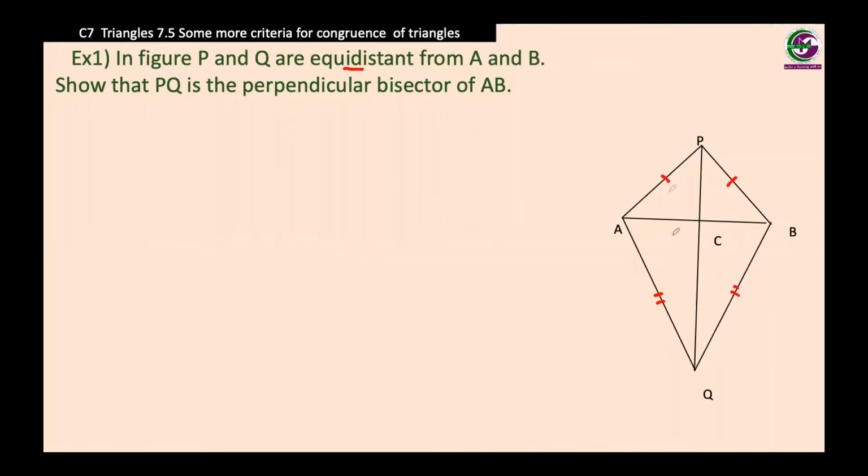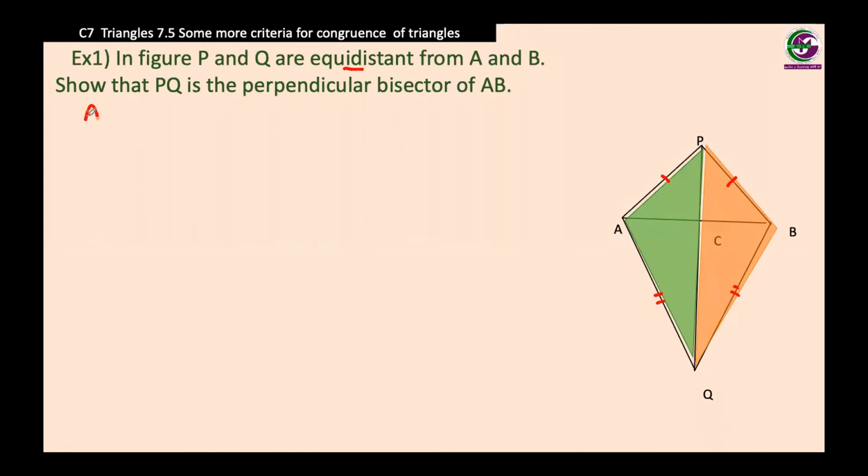Since we are given these two sides, we have to consider these two large triangles, which are PAQ and triangle PBQ. In these two triangles, we can see that side PA is equal to PB and AQ is equal to BQ and PQ is common.